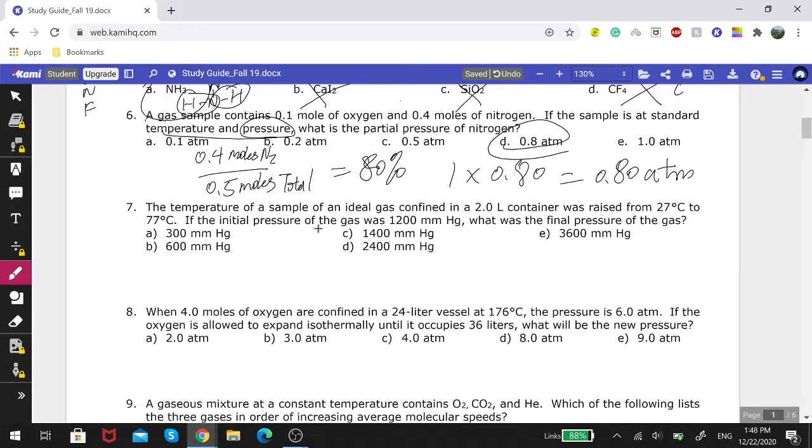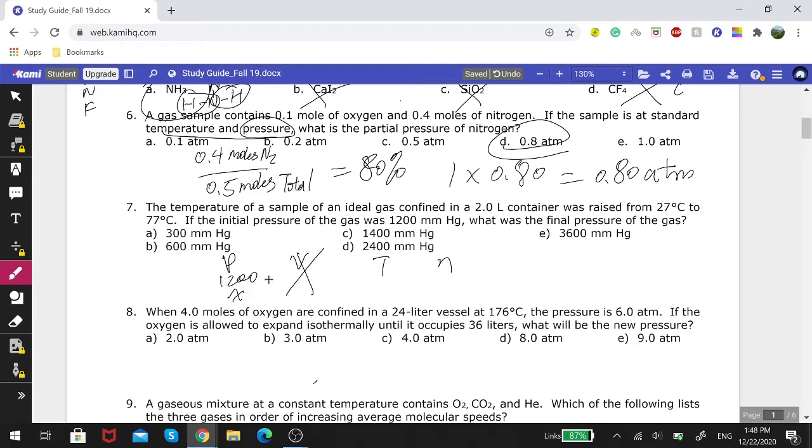Now, if the temperature of a sample of an ideal gas is confined in a 2.0 liter container. So let's do a P, V, T, N. Pressure goes from 1200 to X. Volume, it did not talk about volume, so we can ignore that.